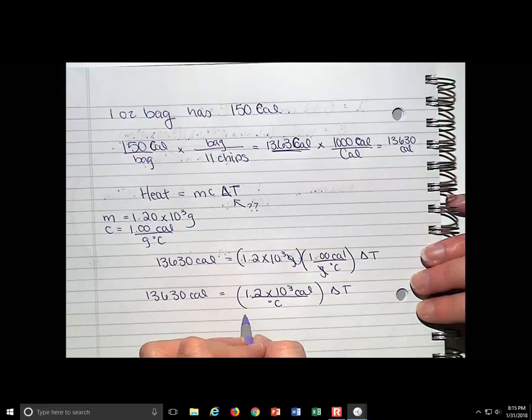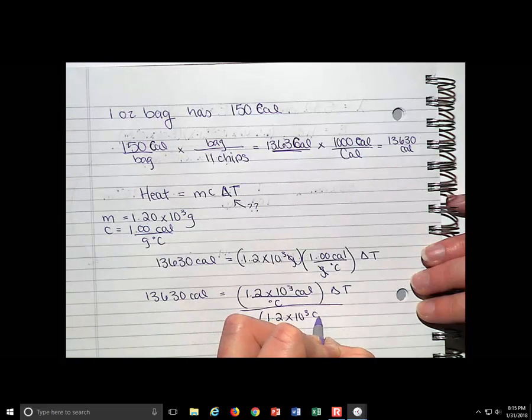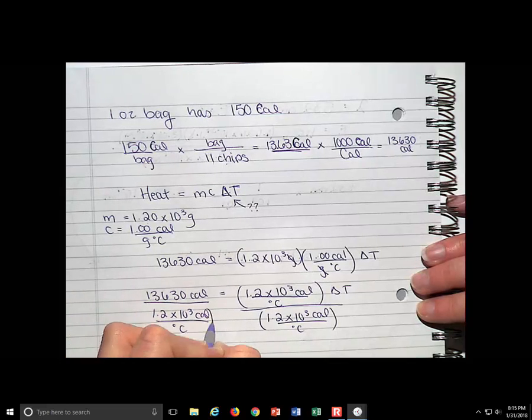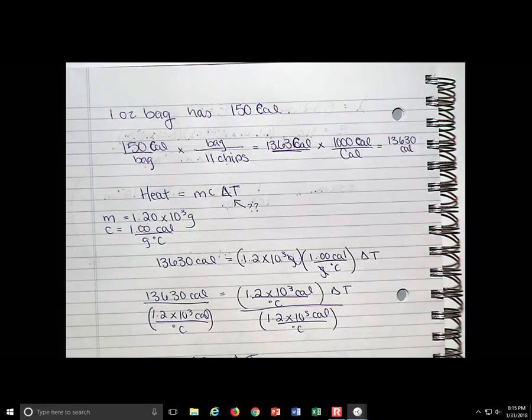And again, now I'm going to divide by that. If I have a unit that's in the denominator of my denominator, then it becomes the numerator. So whatever this comes out to be, my units will be degrees Celsius. And that's good because I'm looking for a change in temperature, so it should be units of temperature.